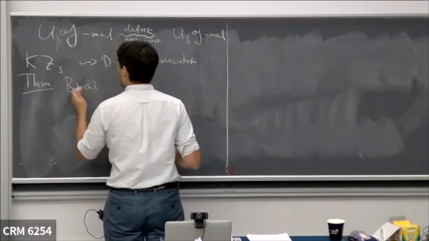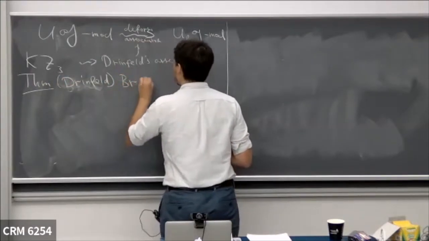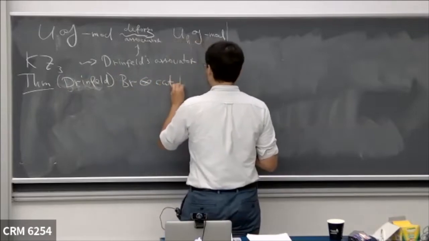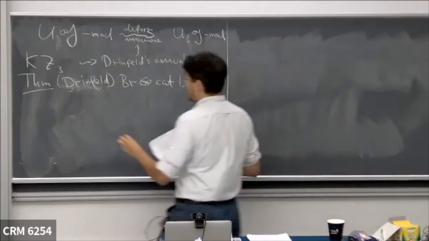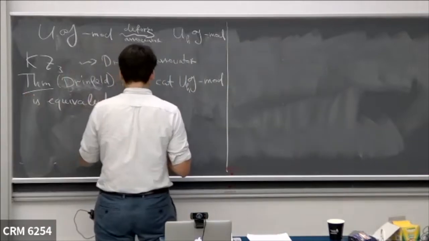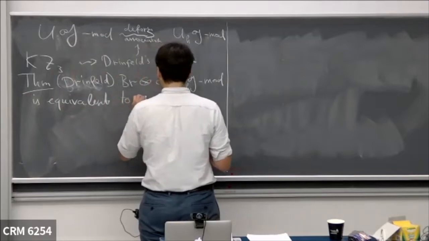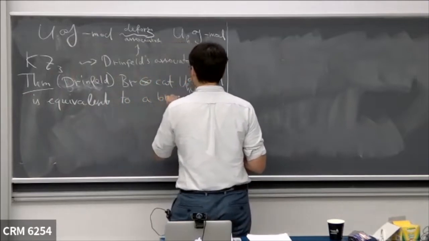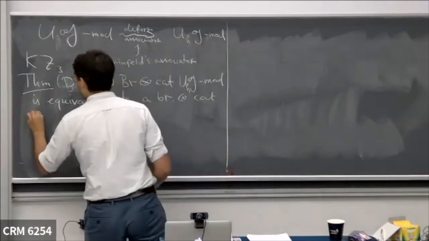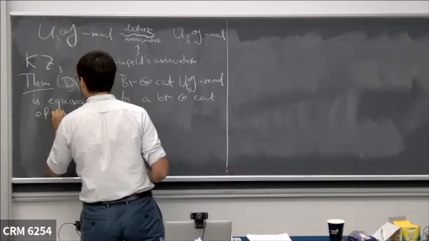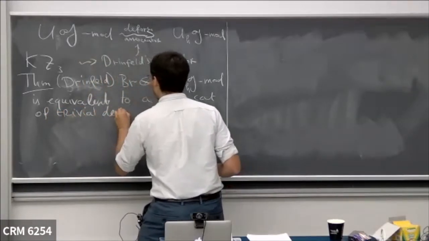The formulation is the following. Due to Drinfeld, the braided tensor category U_h g-mod is equivalent to another braided tensor category, the braided tensor category of the trivial deformation as an algebra.